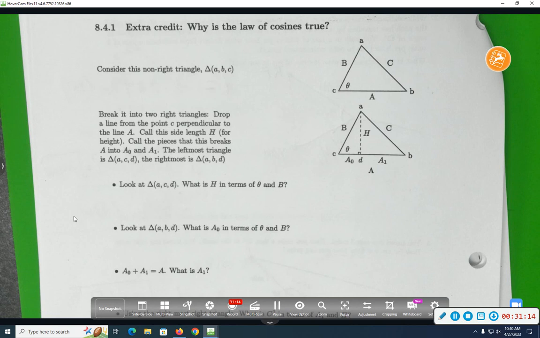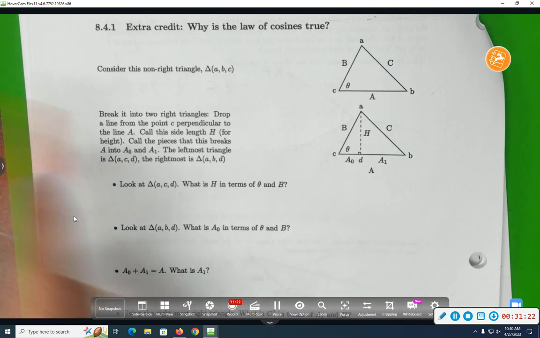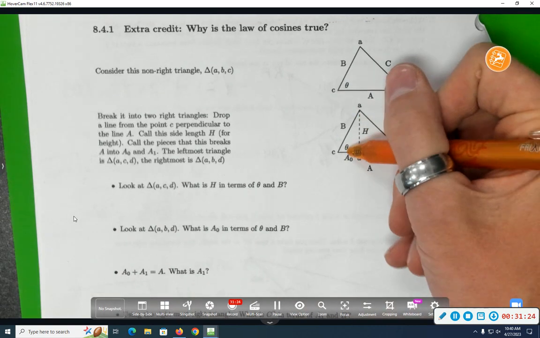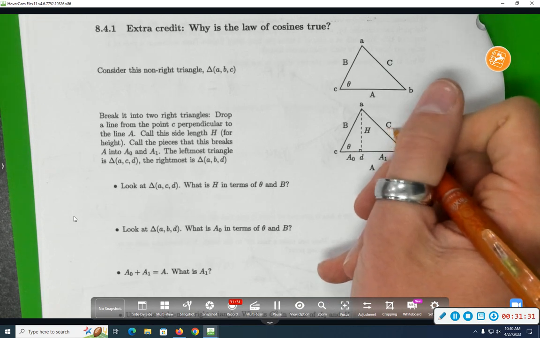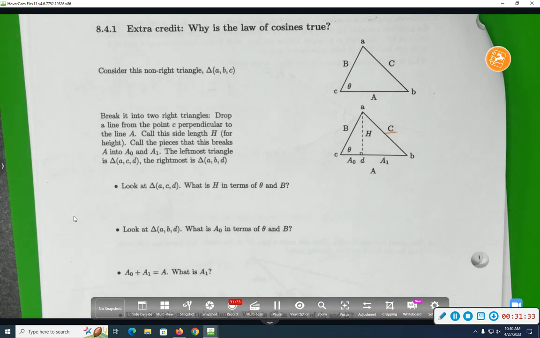You can break any triangle into two right triangles by dropping in what are usually called altitudes. If you do that, you drop this little altitude and study those two right triangles. If you do enough, you can get this side length C in terms of the other side lengths. And this page guides you through that.